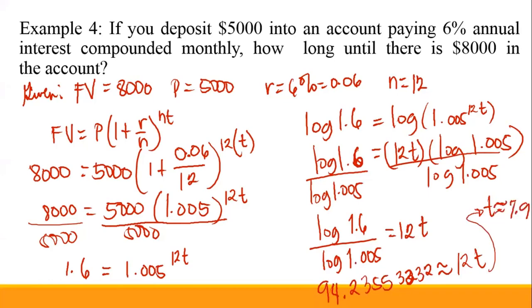So, it will take approximately 7.9 years for the account to go from 5,000 to 8,000. Ayan. So you will need almost 8 years para ma-accumulate mo yung 8,000 sa account, paying 6% annual interest compounded monthly if you deposit $5,000 in your account. Okay?